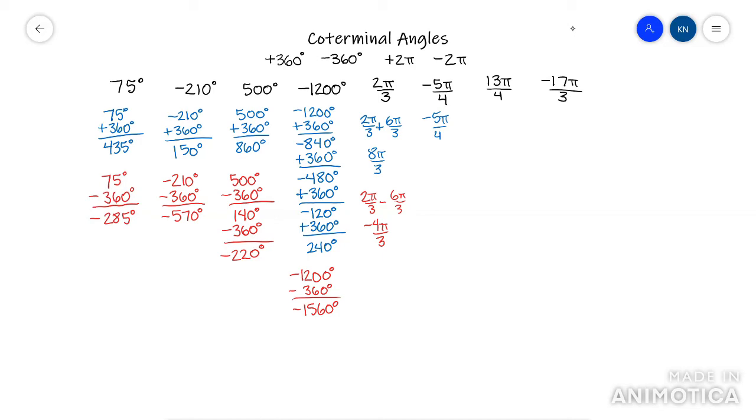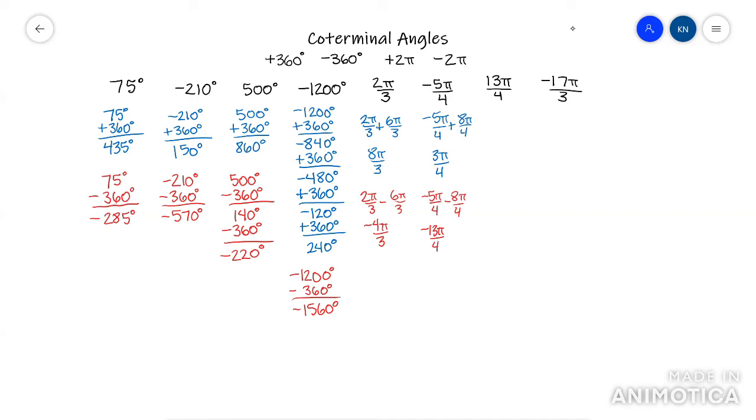So here we go. Negative 5 pi over 4 plus 8 pi over 4 would give me 3 pi over 4. That's my positive coterminal. Now, getting a negative coterminal would look like negative 5 pi over 4 minus 8 pi over 4, which would be negative 13 pi over 4.